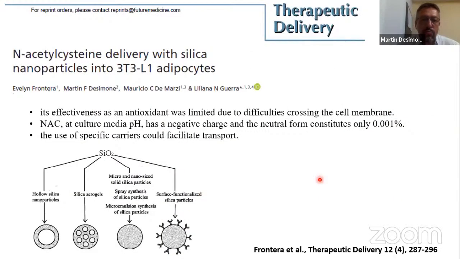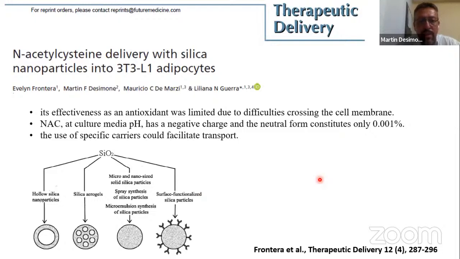We can use this effect to deliver different therapeutic molecules, especially because we know which surface modification is better. And for some of these effects that we observed, it was reported that the mechanism for the cell damage is the production of reactive oxygen species.